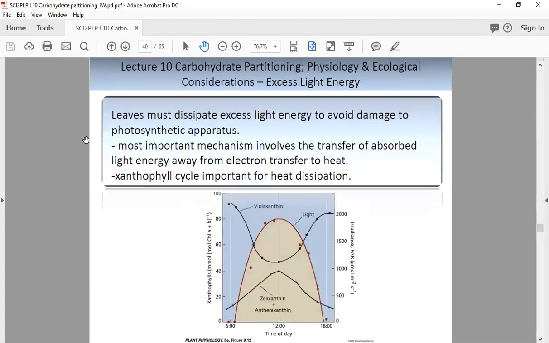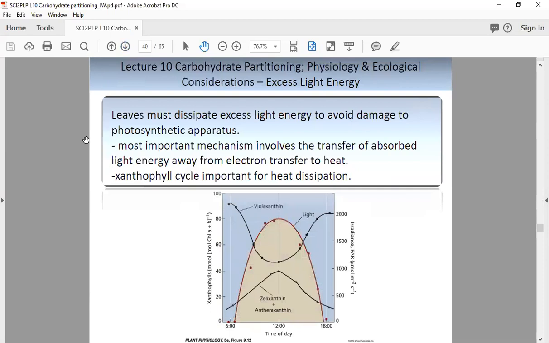All right, let's consider excess light energy. When exposed to excess light, leaves obviously have to dissipate that excess light energy to avoid damage to the photosynthetic apparatus.